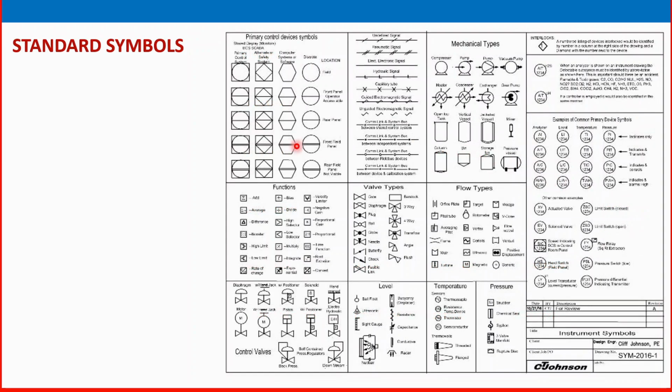Another one, see this one. It is a full P&ID index which shows the symbols used. This index is usually provided on the first page of each P&ID drawing. So these are the symbols used in that particular P&ID drawing.